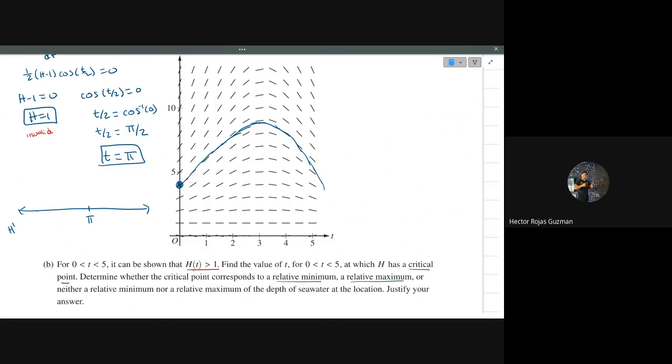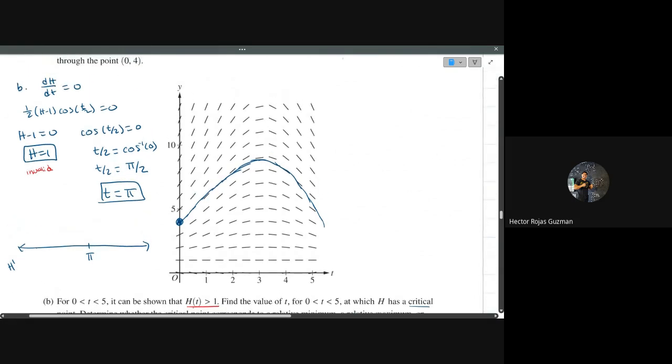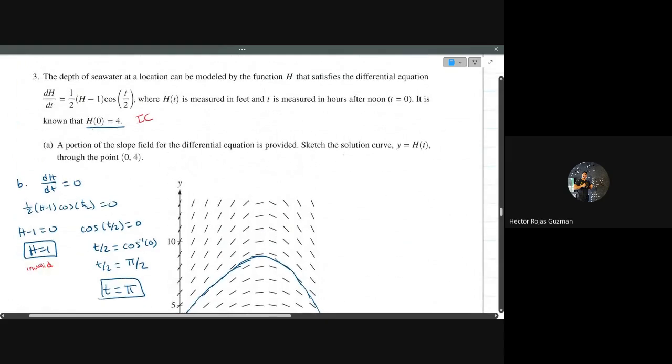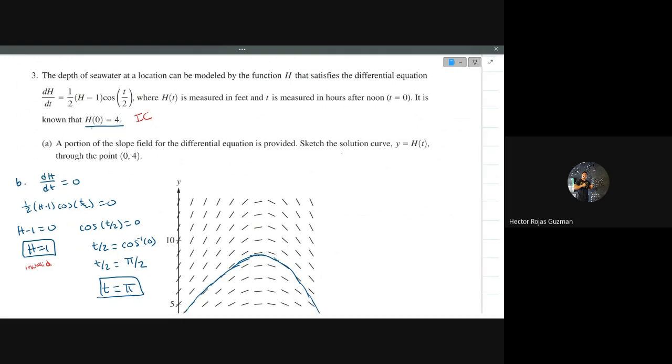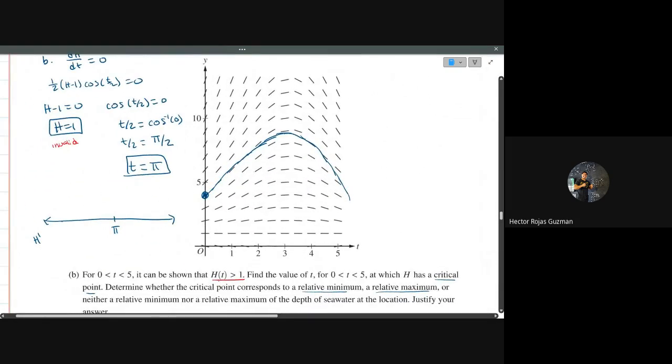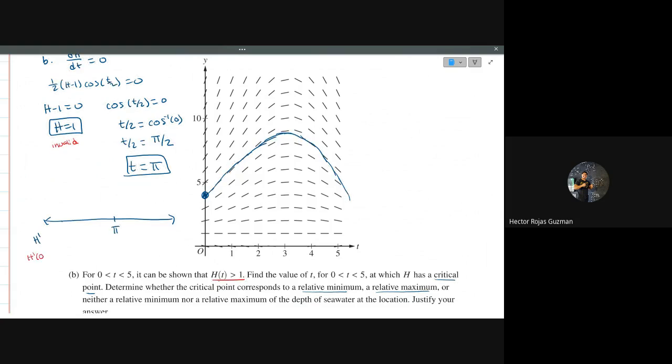Now, normally you want to take some values and plug them into your derivative, but you know what? Let's just go ahead and do it. H prime of, let's say 0. No, 0 we can't use because it has to be greater than 0, right? So pi.